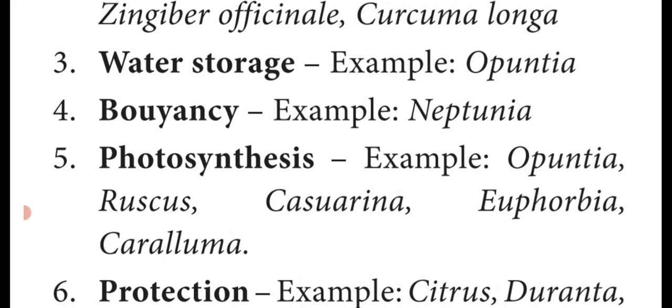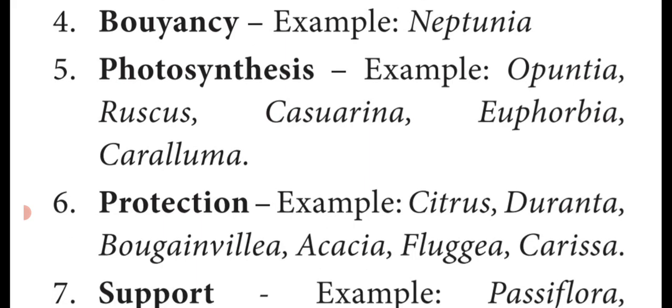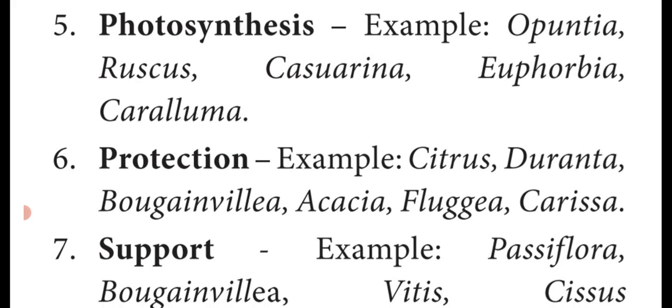That type of function is known as photosynthesis by stem. Then protection. In some plants, the stem is modified into sharp pointed thorns and also hooks to protect the plants against grazing animals. That is said to be the protection function of a stem.